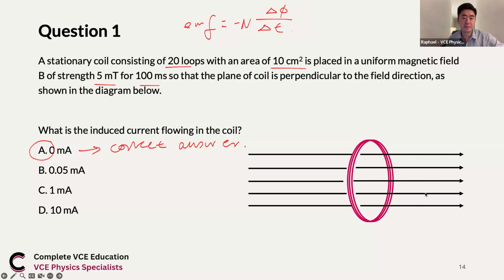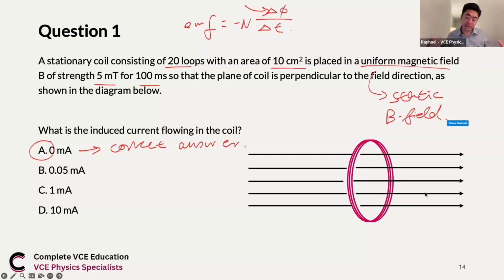However, remember guys, if you want to generate an EMF, we need a change in flux over time. So over time, the flux needs to decrease or increase in order for a current to be induced to compensate for that change. In this case, we have a uniform and static B field.